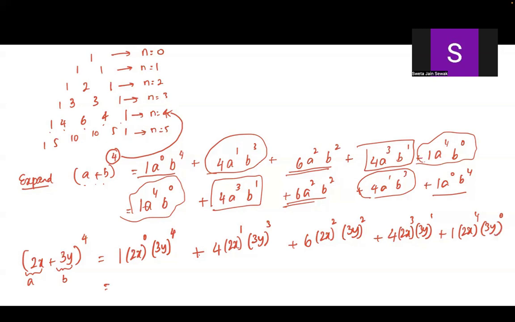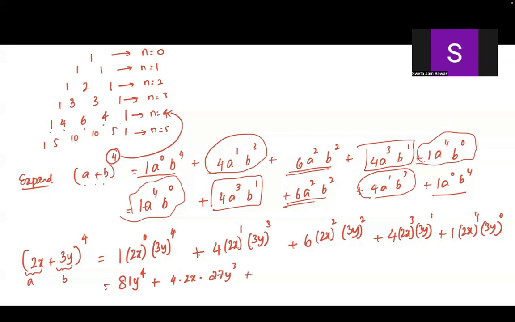2x to the power 0 is 1. So what we have is 3y to the power 4, which is basically 3 to the power 4 and y to the power 4, and that becomes 81y to the power 4. My next term is 4 multiplied with 2x multiplied with 3y cubed, which means it's 3 cubed times y cubed, that's 27y cubed.